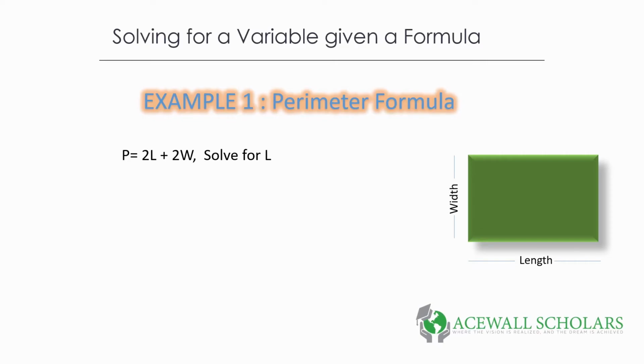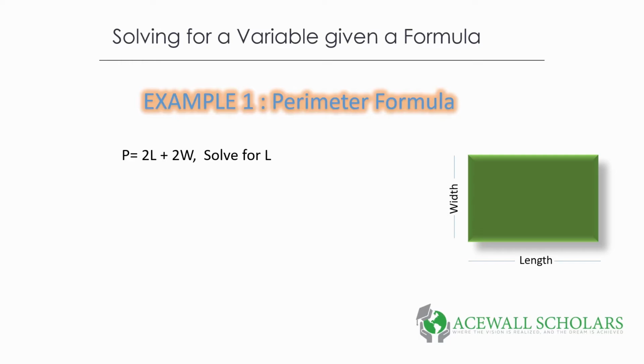And we don't know the length, but we know the perimeter. And let's say this was a field of grass and we needed to purchase some fencing or something like that. And we had the complete perimeter of the lawn, but we don't know what the length is. Well, we could use our perimeter formula to find out the specific length.